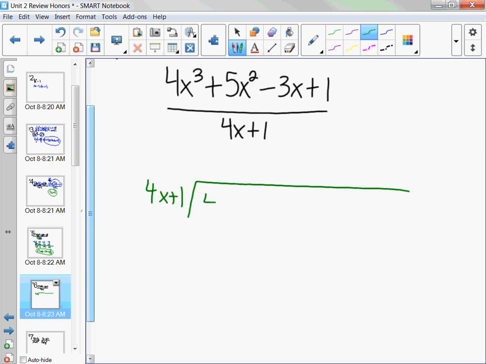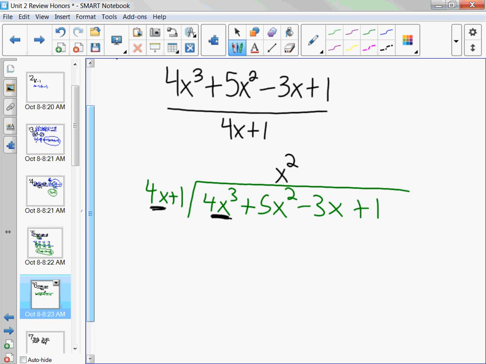And my dividend is 4x cubed plus 5x squared minus 3x plus 1. And so this is what I'm going to do. I need to ask myself, what do I times this first number here to get this first number here? 4x times what will give me 4x cubed? And the answer is x squared.